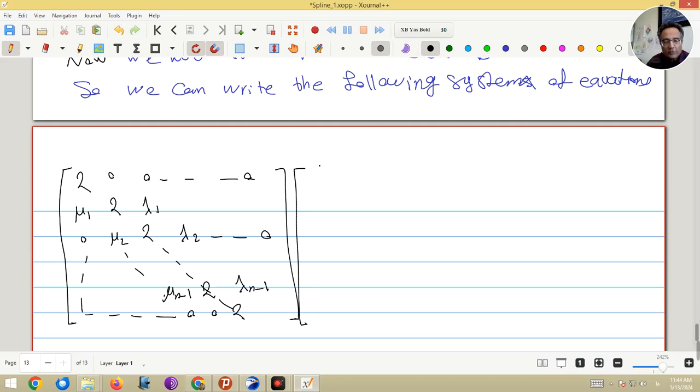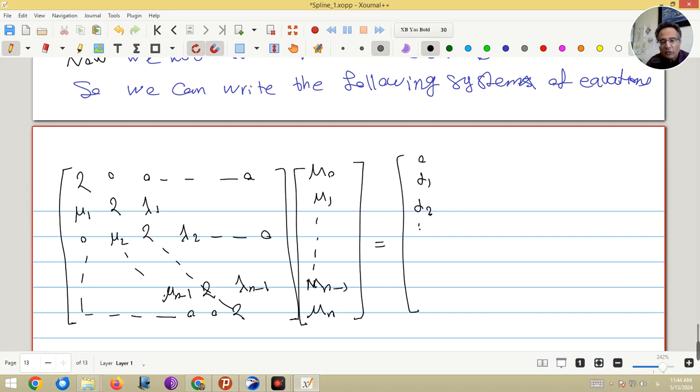This should be multiplied by the vector M_0, M_1, M_2, up to M_{n-1}, M_n, which is equal to 0, d_1, d_2, up to d_{n-1}, and 0.